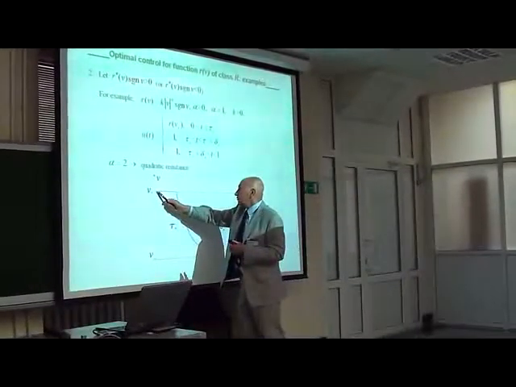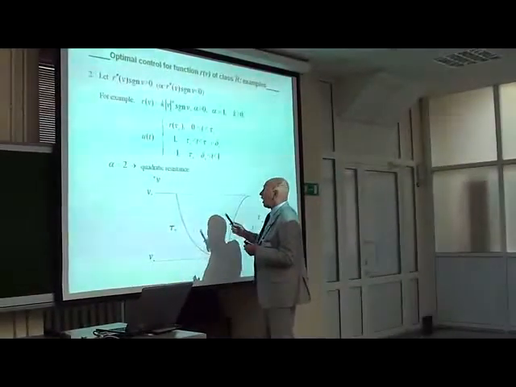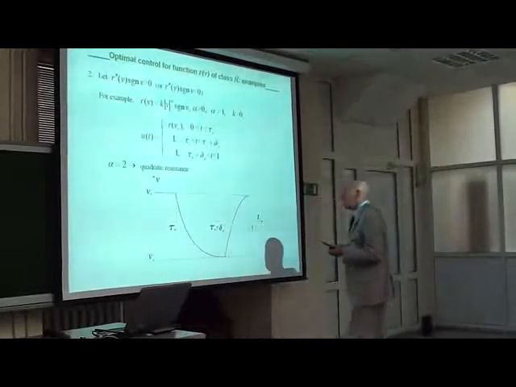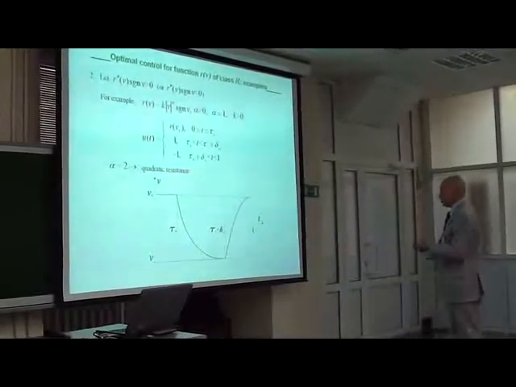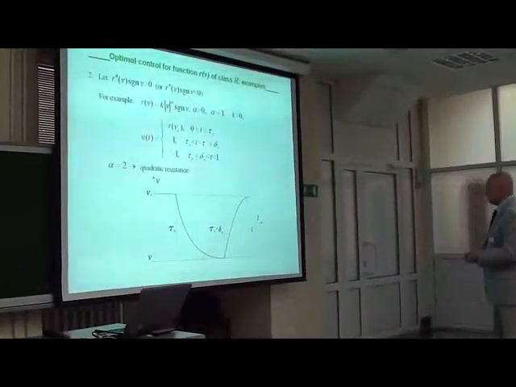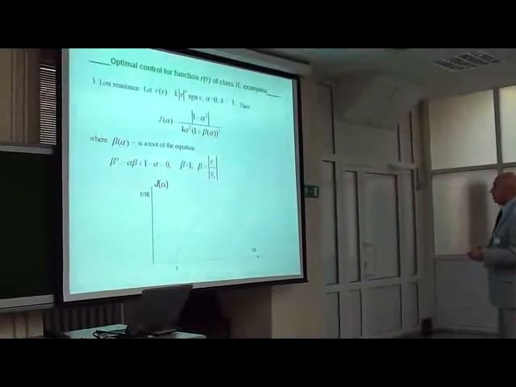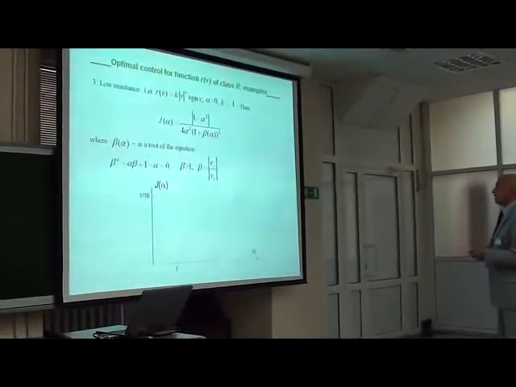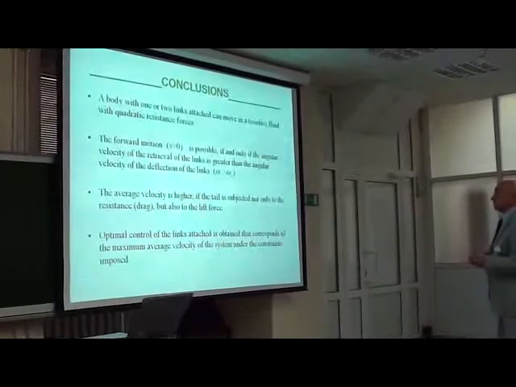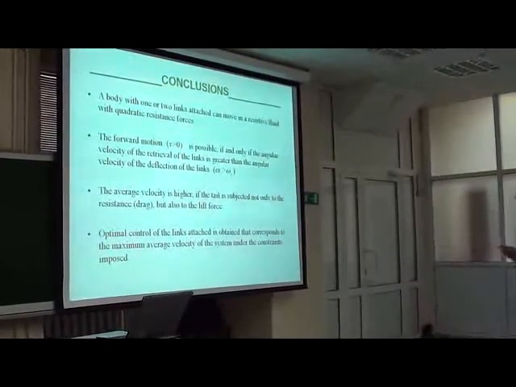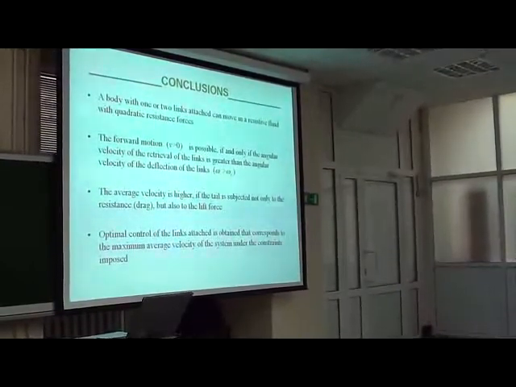And here the velocity is constant. So either the velocity is constant or the acceleration is constant. Here, this is the result of this. This is another example. So I can come to an end.